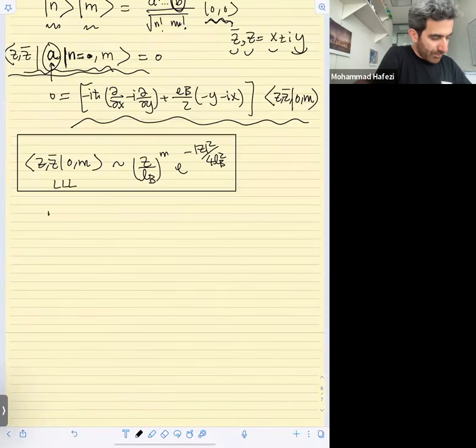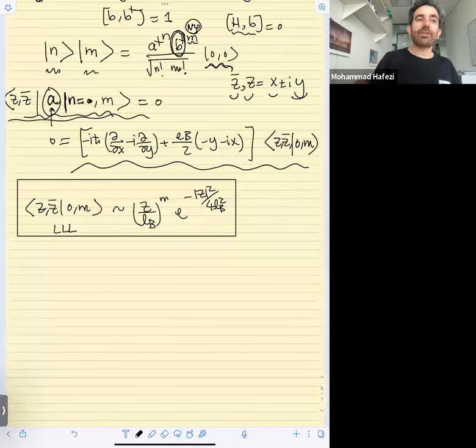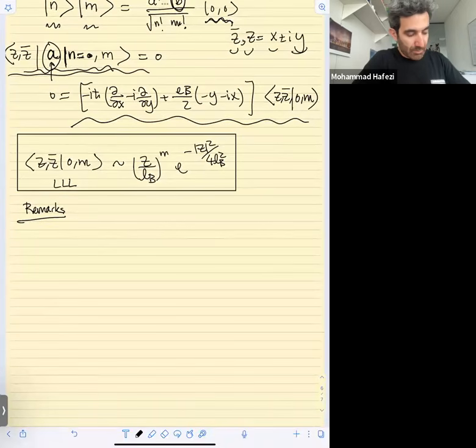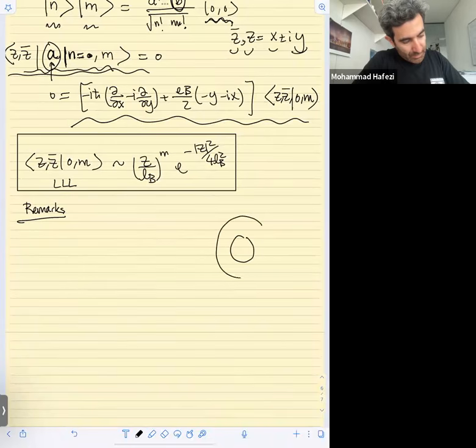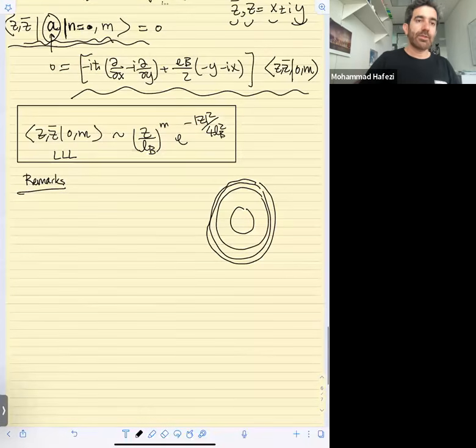If I plot them as a function in the 2D plane, they will be something like this. Sorry for my bad drawing.